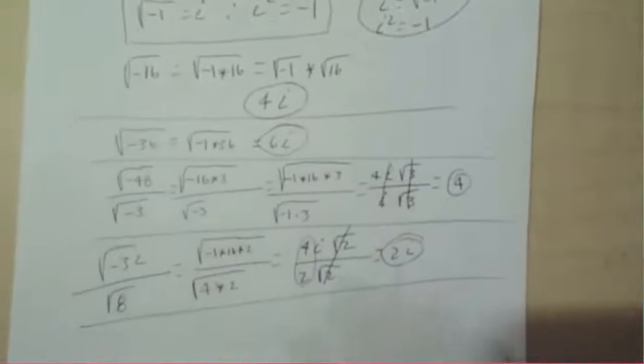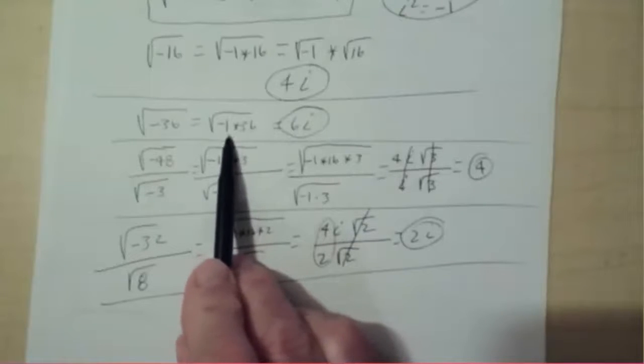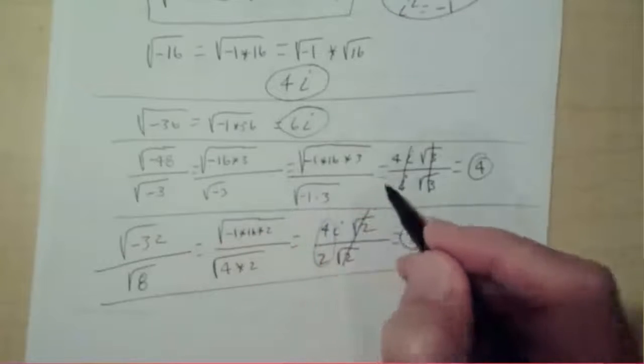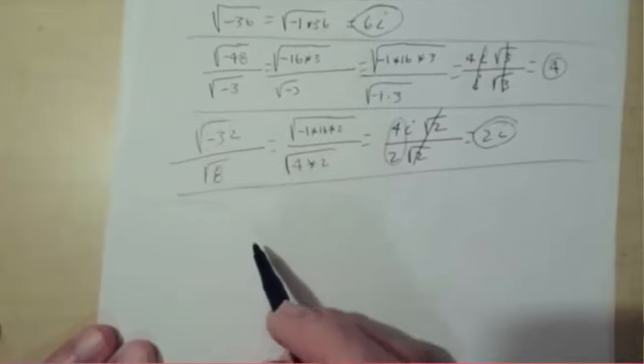Now, all this misery here about putting a negative 1 here is really not all that necessary. I just did it to kind of show you. If you've got a negative number on the inside of the radical, all you do is pull out an i. You can do all that if you want to, but that's okay.